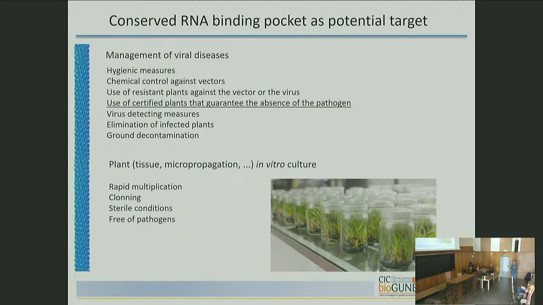The idea is you want something that is very special, one characteristic, a plant that is resistant to whatever disease, and you want to multiply it very rapidly. Instead of going through seed production, the complete cycle of production of a plant, you can take a fragment of the plant, and from each fragment you produce an entire plant. You just have to put it in a culture media with some hormones, and you can reproduce the plant. And there are dozens of companies in Spain working in this field.